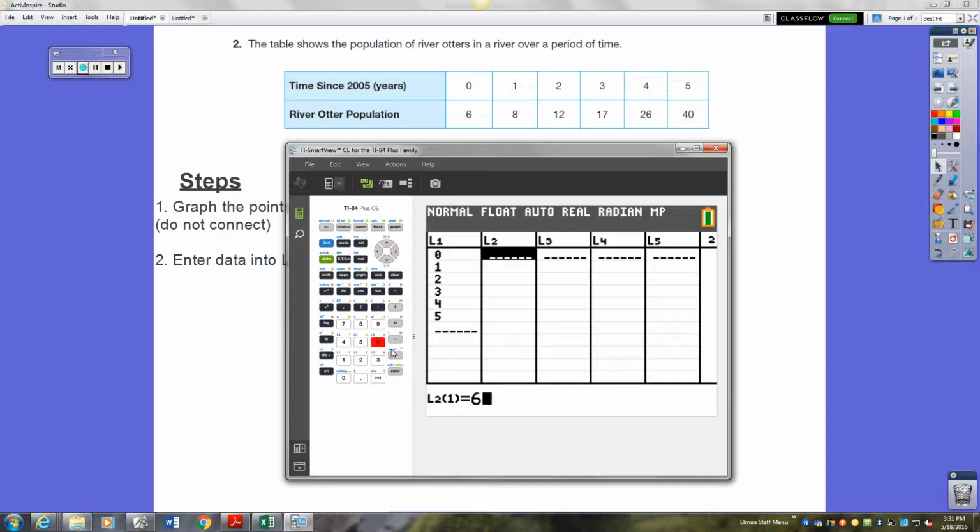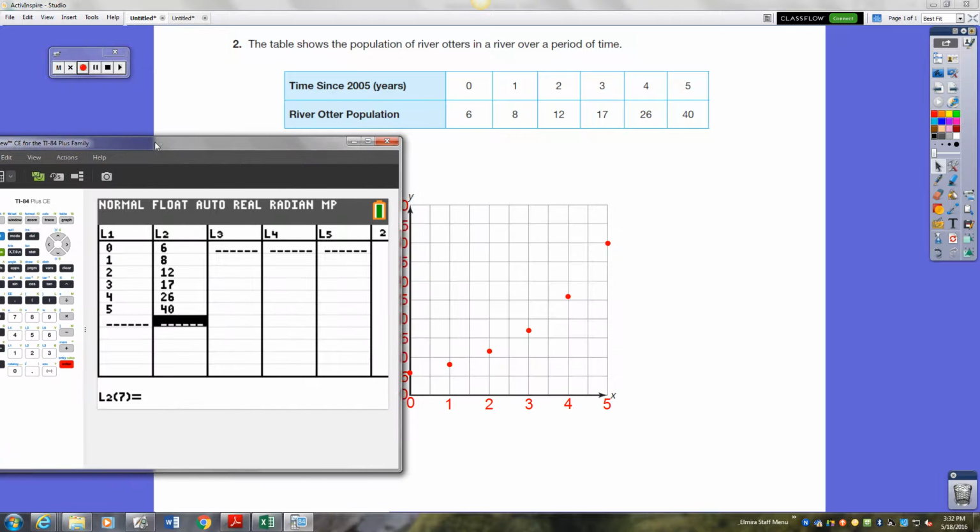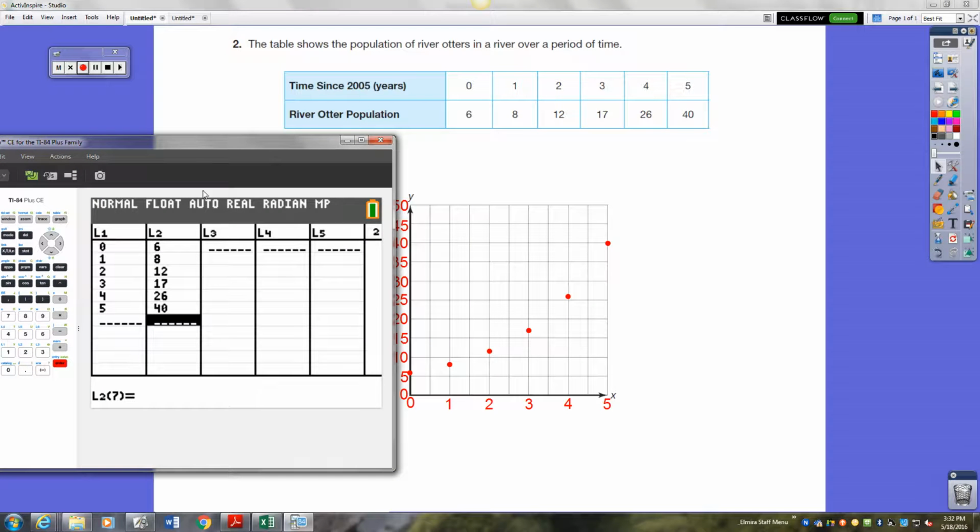Then 6, 8, 12, 17, 26, and 40. Oh no, I was hitting plus all that time. Okay, now it's in there correctly in L2. So we're pretty sure there's a curve here, so it's not linear.